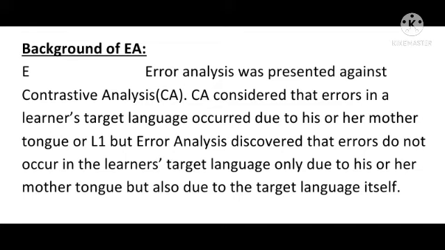But later on, error analysis discovered that errors do not occur in the learner's target language only due to his mother tongue, but also due to the target language itself. And this discovery laid the foundation of error analysis.